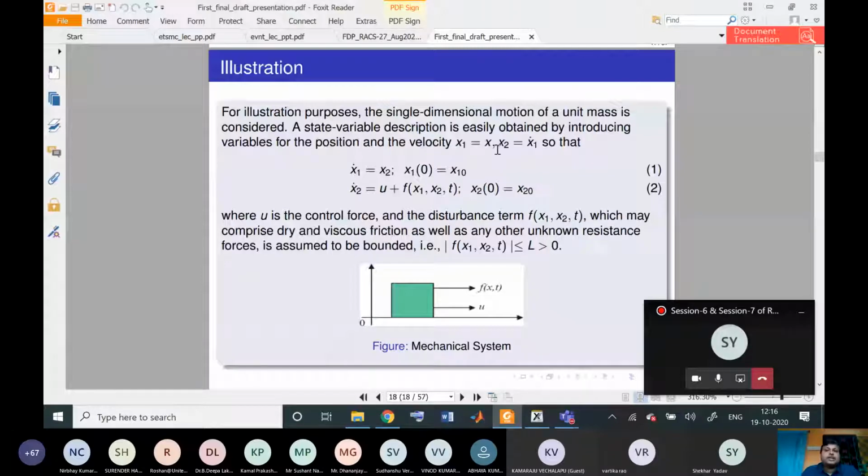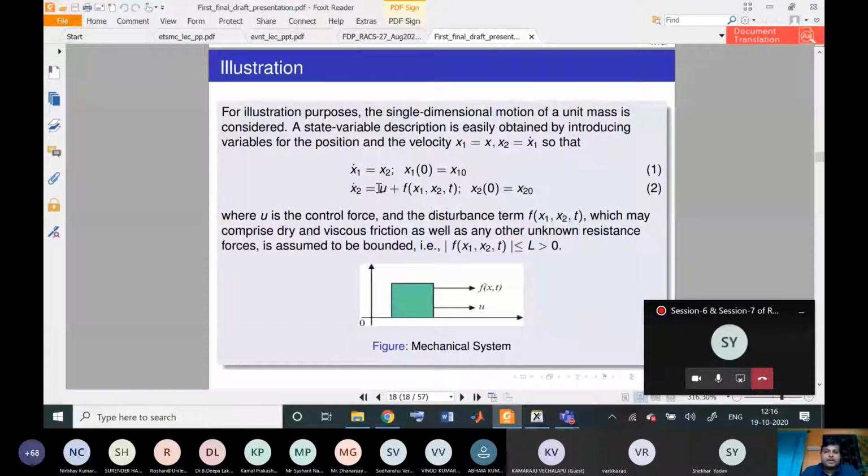Let us say x1 is the state variable which is position, and x2 is the velocity, that is x1 dot. Now the dynamics of the system can be represented by the two-state equation: x1 dot equals x2 and x2 dot equals u plus f.